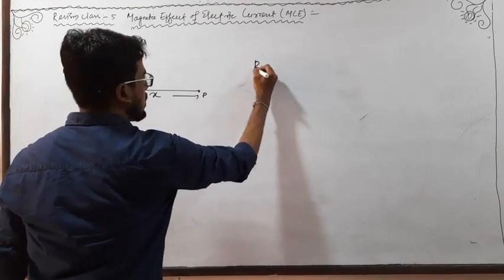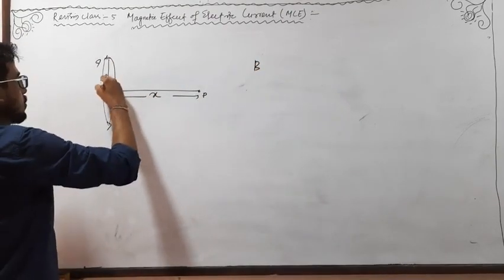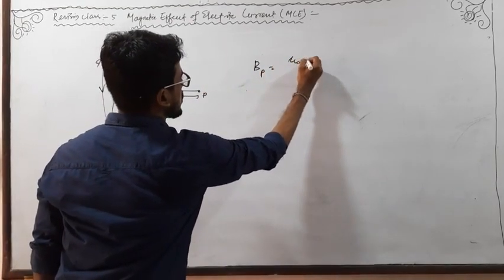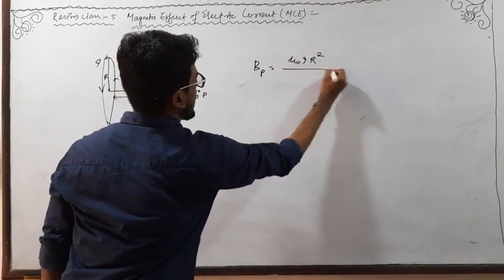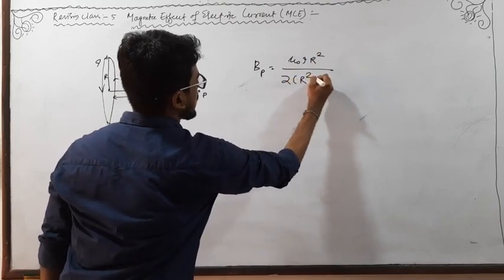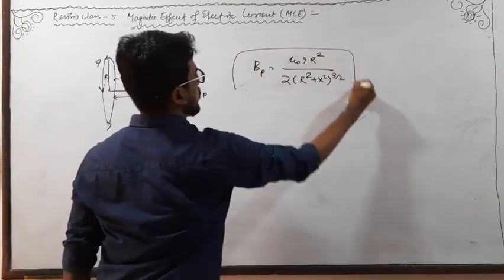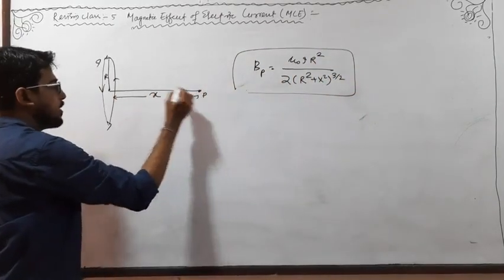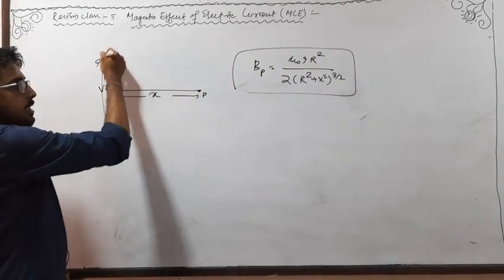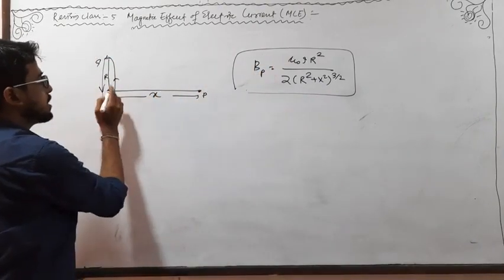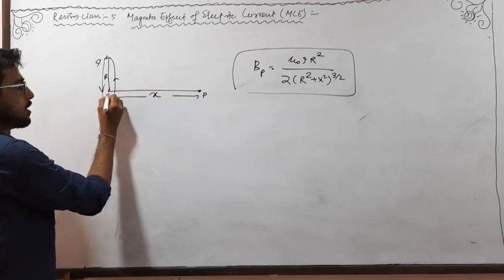It will be mu naught I r square divided by 2 into (r square plus x square) to the power 3 by 2. This is the expression for the magnetic field strength at point P due to this complete circular current carrying coil, where r is the radius and x is the distance of the point of observation from the center O.